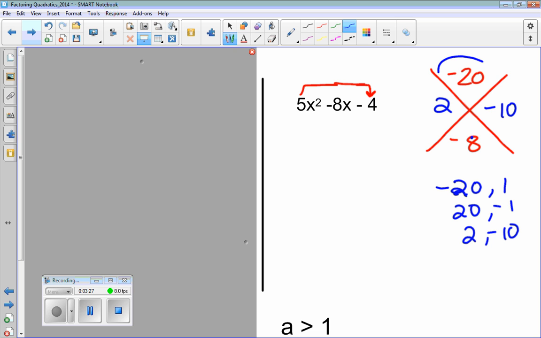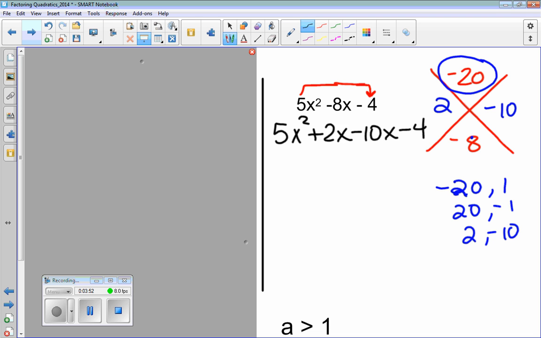The only difference is this number here. Everything else is exactly the same. So I'm going to use the 2 and the -10, and I'm going to rewrite my terms. 5x squared plus 2x minus 10x minus 4. Everything else is exactly the same.